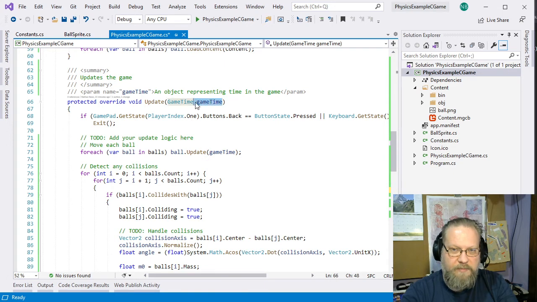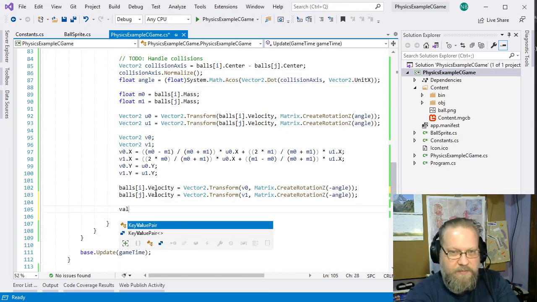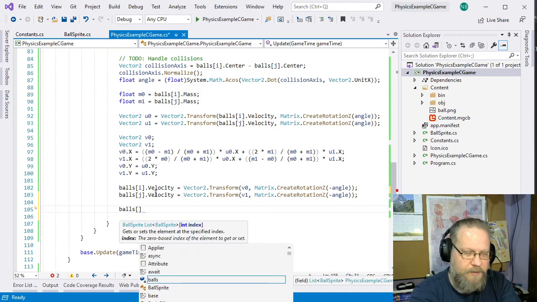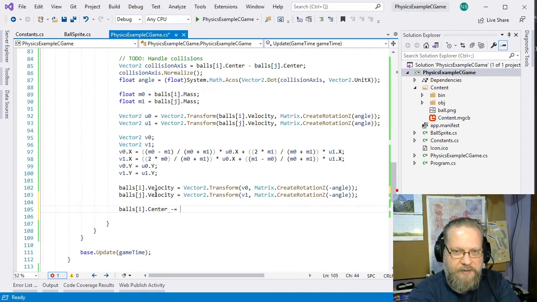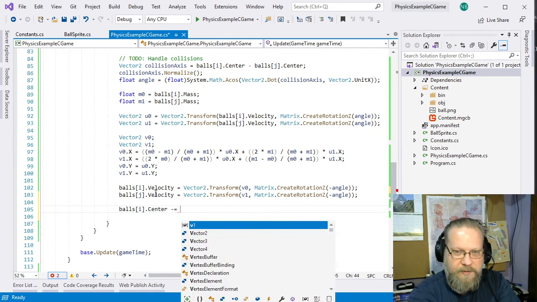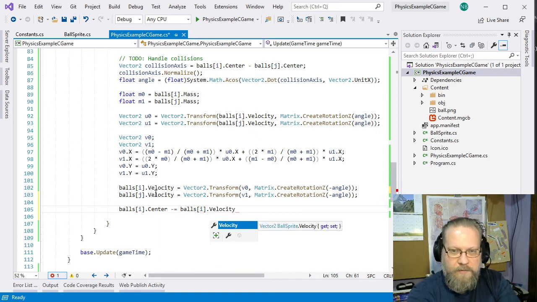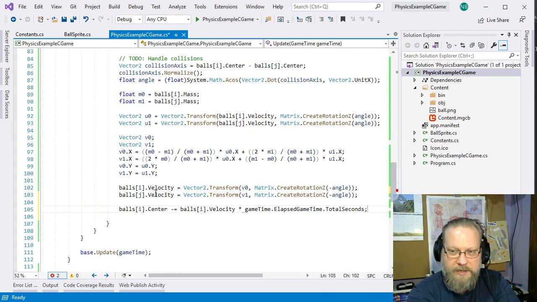Now, for example, we know what our elapsed game time is, and we know what our old velocities were. So we could say, for example, balls I dot center minus equals balls I velocity times game time total seconds.